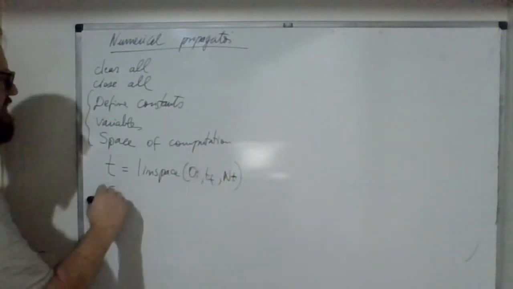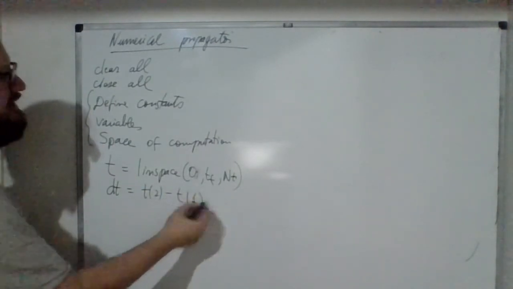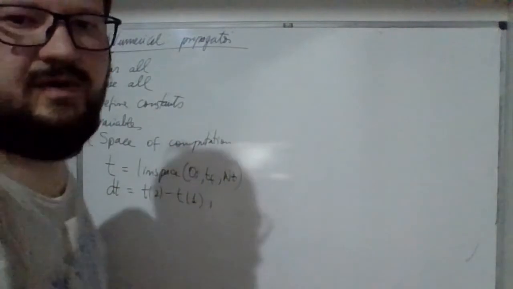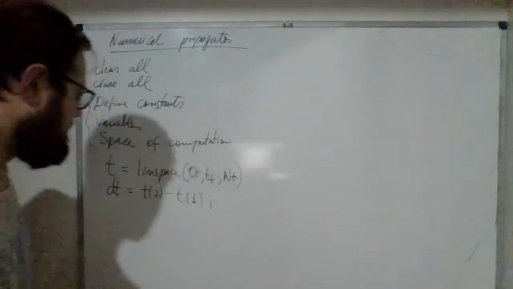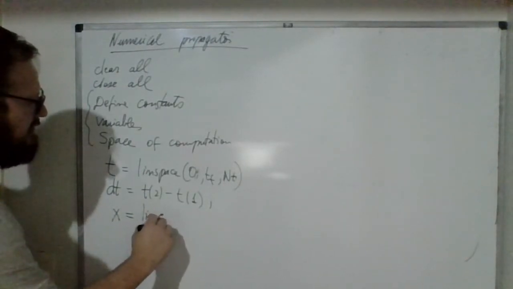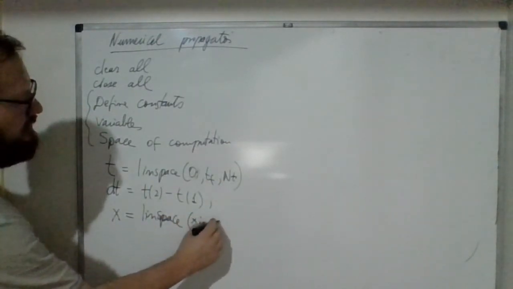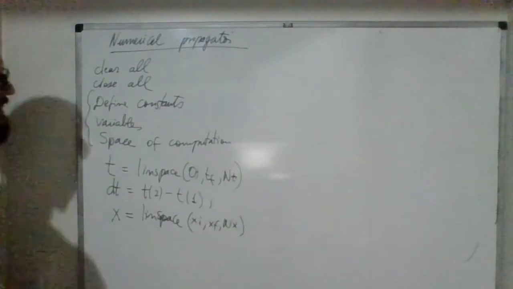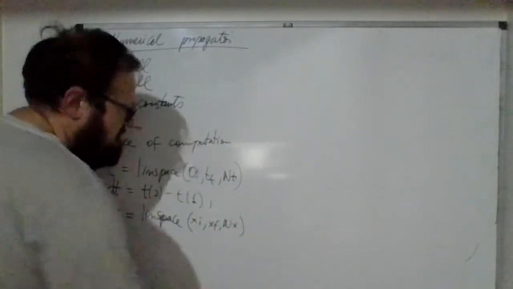With the given nt, you calculate the delta t, which is the second minus the first, and it is equal for any two consecutive points. If your problem depends on space, you need to define x as a linspace from some initial to some final with some number of endpoints, if necessary.